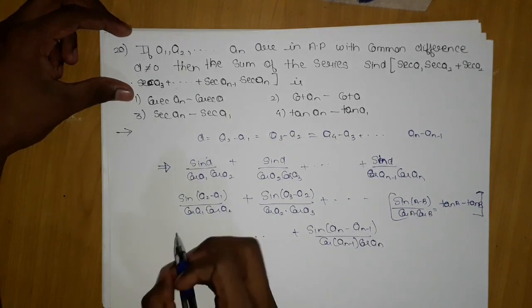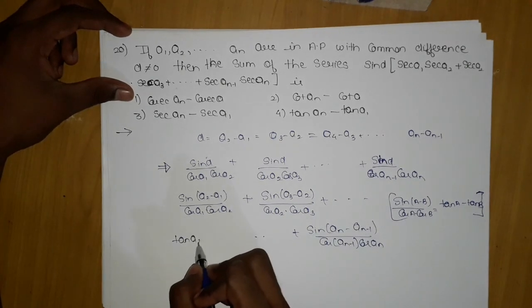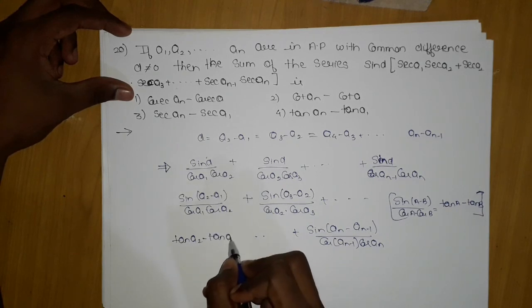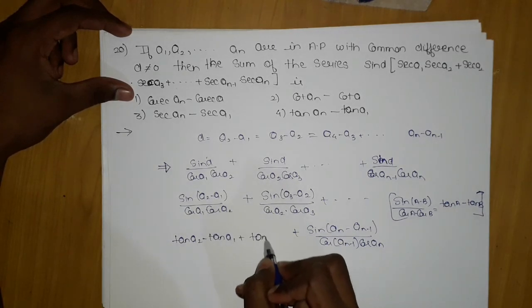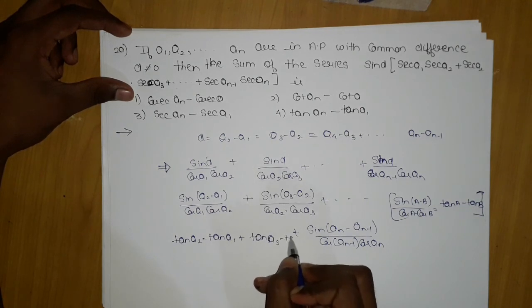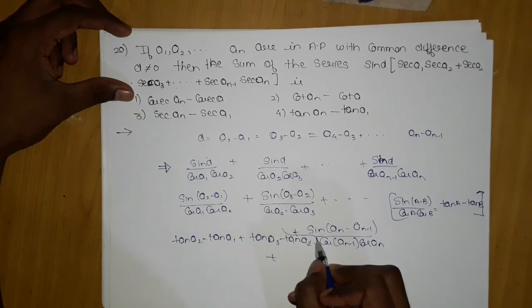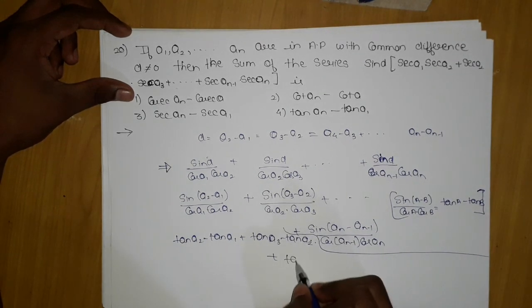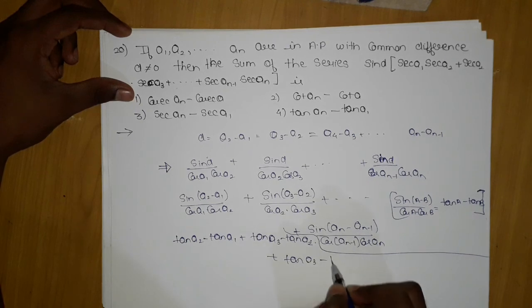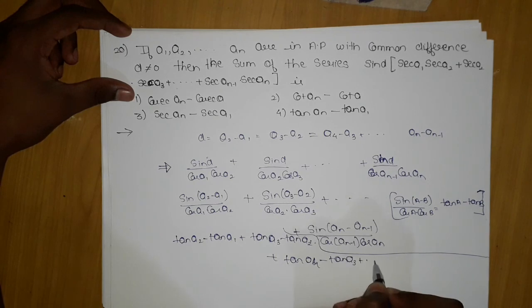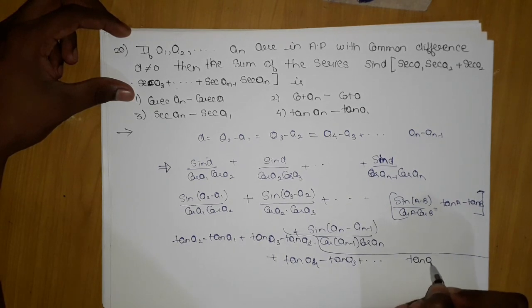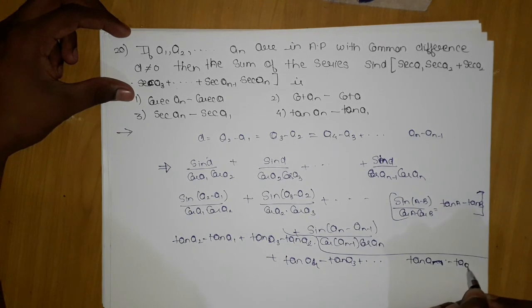After this we will write it as tan a2 minus tan a1, plus tan a3 minus tan a2, and so on, and tan a4 minus tan a3, and so on, till tan an minus tan an minus 1.